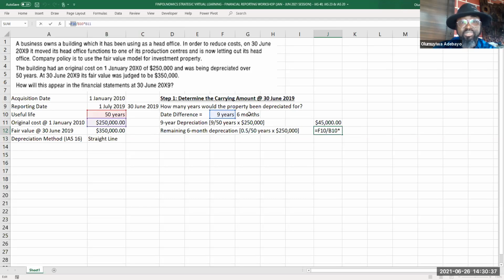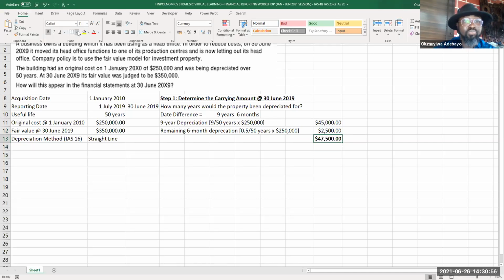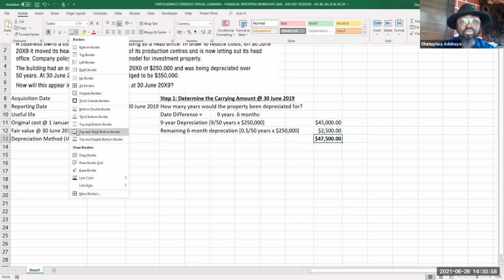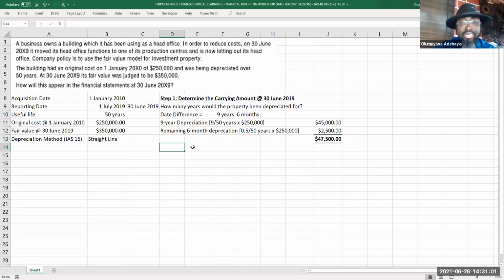I'll use 6 months, and 6 months converted to decimal is divided by 12, which will give me that. Invariably, my sum of depreciation of 9 years, 6 months is this. Now, what will be the carrying amount?